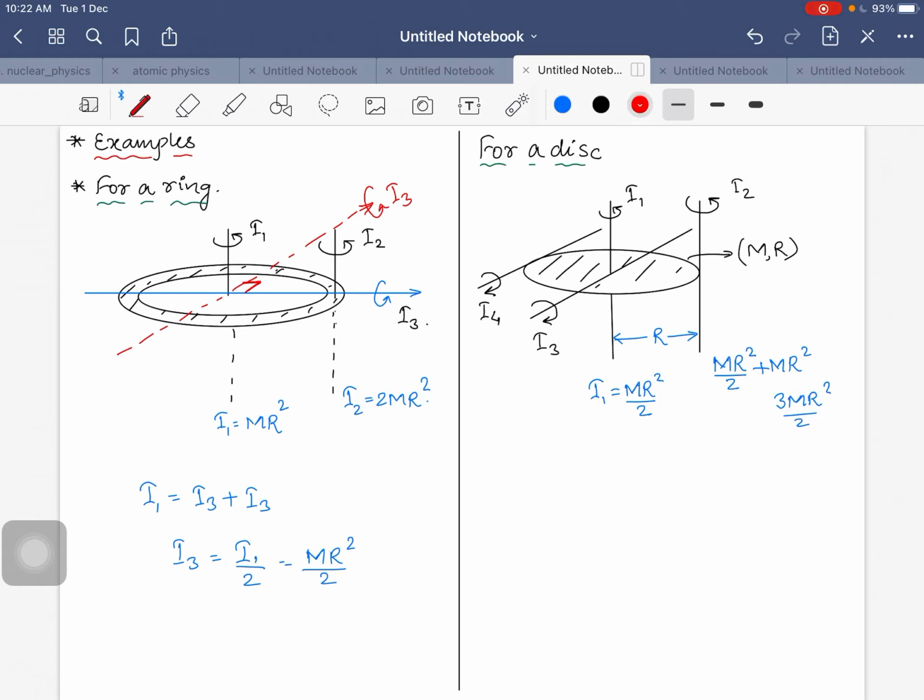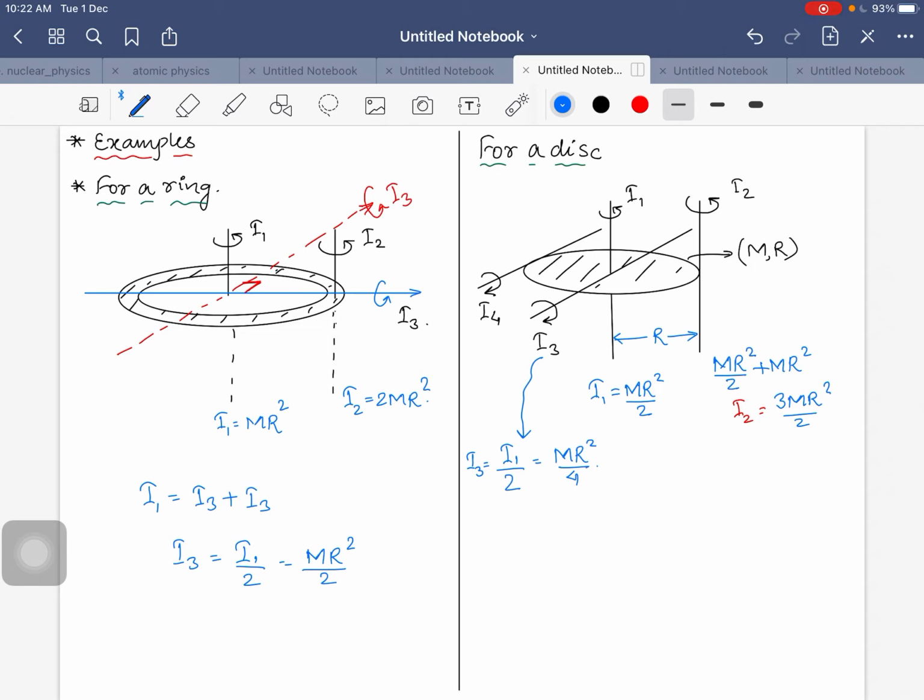It is about the I2 axis. Now about I3, I already told, it will be I1 by 2, which we derived here, same condition. So I3 will be equal to I1 by 2, so it will be mr square by 4.